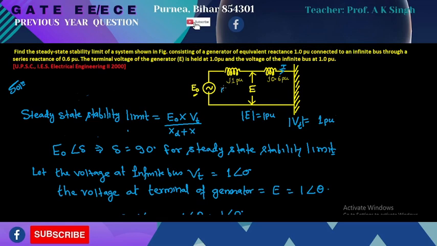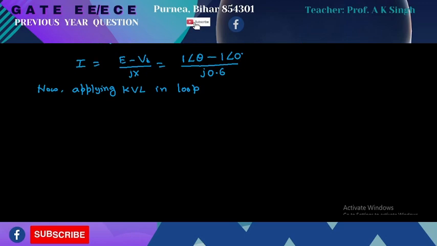See, this smaller loop, in which three elements are coming: the generator voltage E0, generator reactance jXd, and the terminal voltage E. So the final KVL relation is E0 is equal to E plus jIXd.